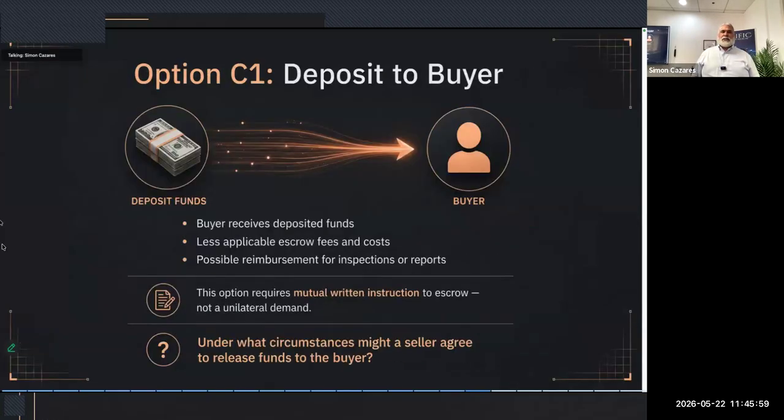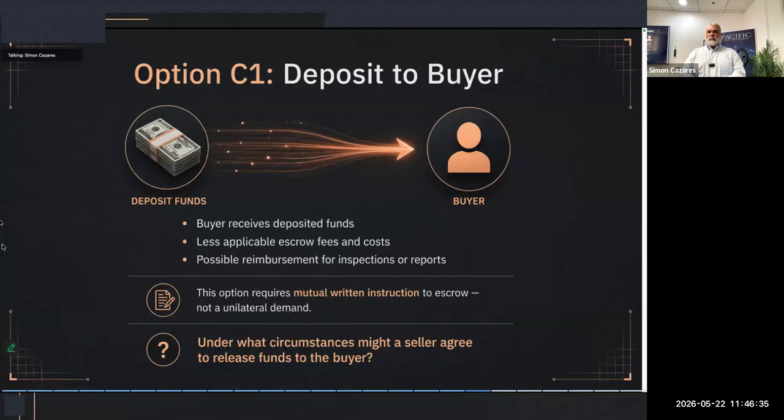Option C1, deposit to buyer. The buyer receives the deposit funds, less applicable escrow fees and costs, with possible reimbursement for inspections or reports. Again, there may be some responsibility that, in good faith, the buyer's agent might be entitled to something as well. Not that it happens, and I wouldn't encourage it, because if you're still in a good relationship with the buyer and you're going to be representing them on the new property, you're going to get paid one way or the other.